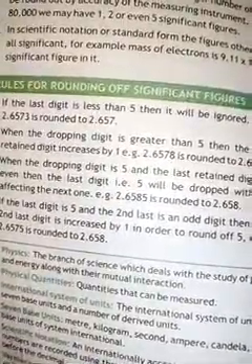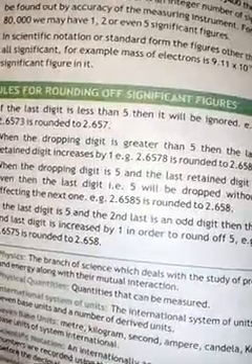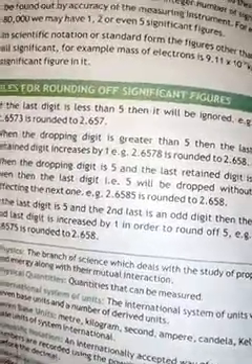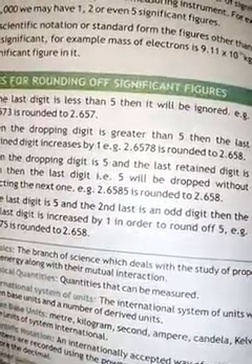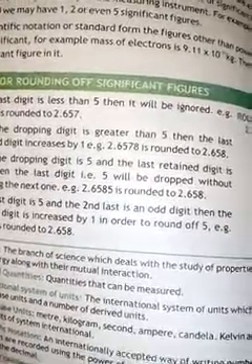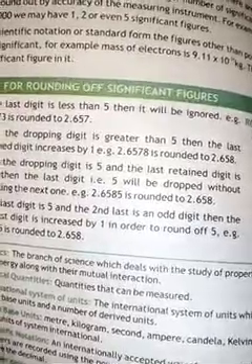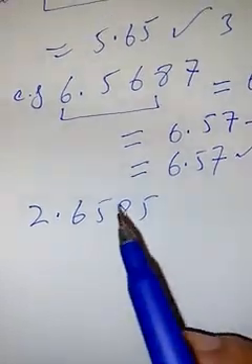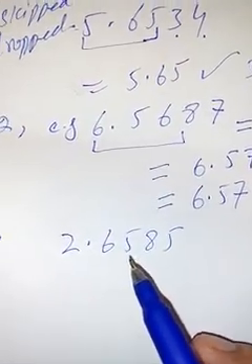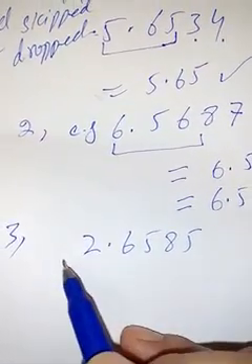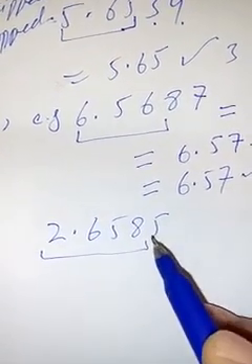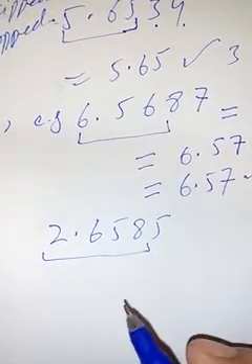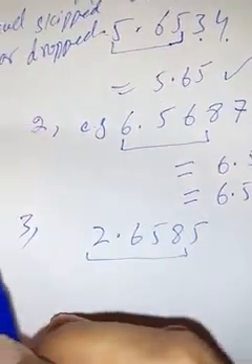This rule states that if, for example, we have a value 2.6585 and it is required to round off, and we have 4 significant digits, then the 5 is a non-significant digit and it will be dropped.